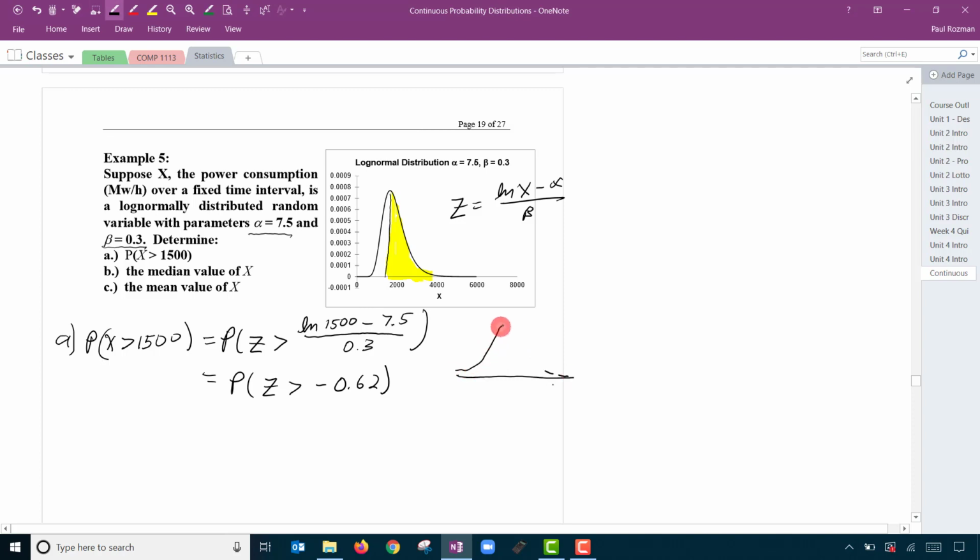I'm changing my pen here. There. We want z greater than negative 0.62. So that's down here somewhere, and this area is equivalent to the area that's shaded up above. To calculate that, I can do the area to the left of positive 0.62.